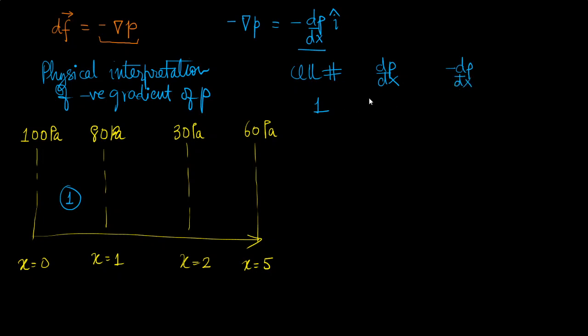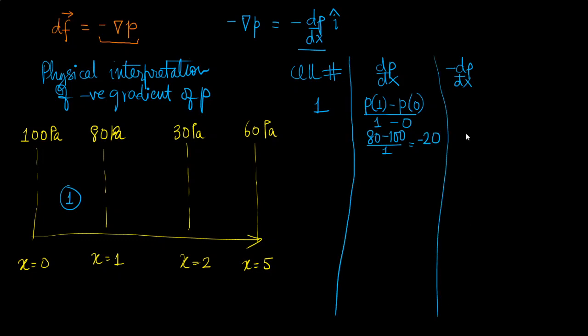It will be the value of pressure at 1 minus value of pressure at 0 divided by 1 minus 0. So this is a simple forward difference. Everyone has done this in their first year. And so this becomes 80 minus 100 divided by 1. This is minus 20. So if this is minus 20, minus dp dx will become equal to 20.